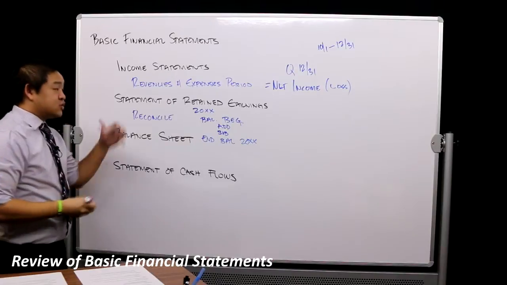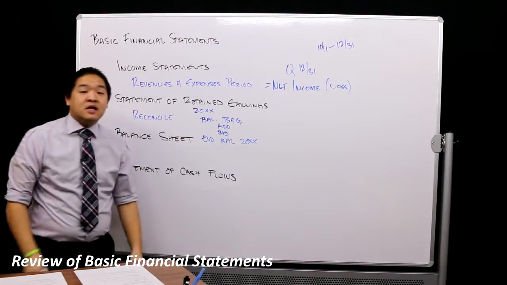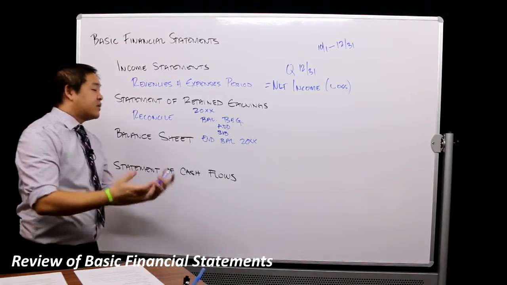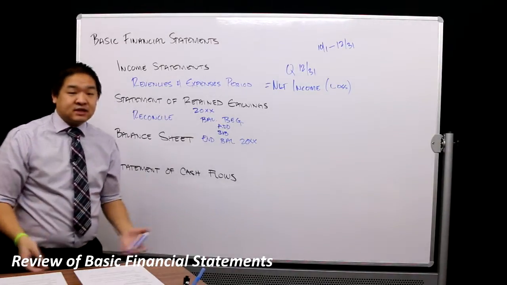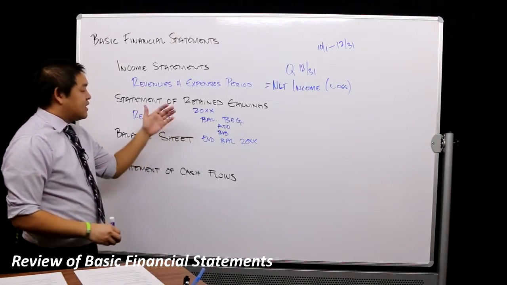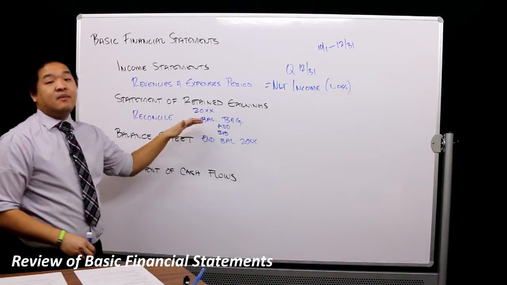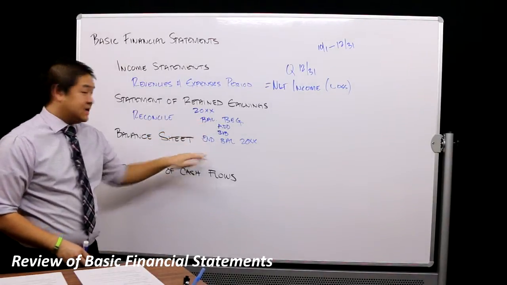So we're just reconciling. So we might have a starting retained earnings of, let's say, $1,000, okay? And then we added revenues and we subtracted expenses and we didn't pay any dividends, okay? So at the end of the year, our ending balance would be whatever we started with plus whatever we added minus what we subtracted to get to that ending balance.